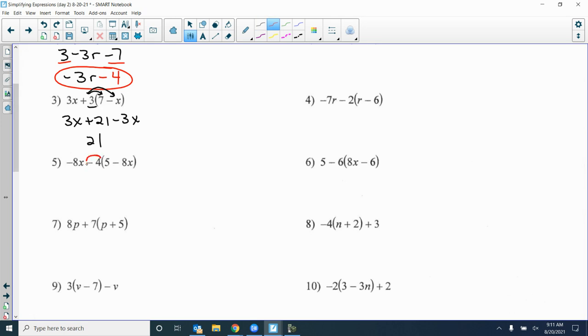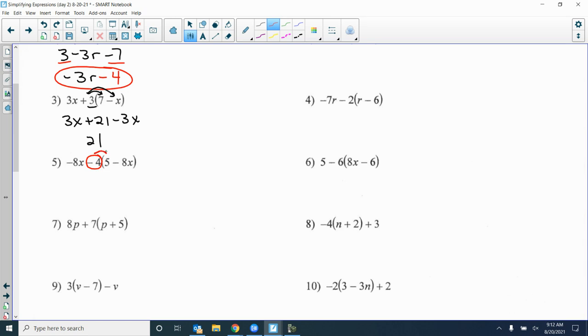Think of this as a negative 4 when you're distributing. Oh, positive. Okay.